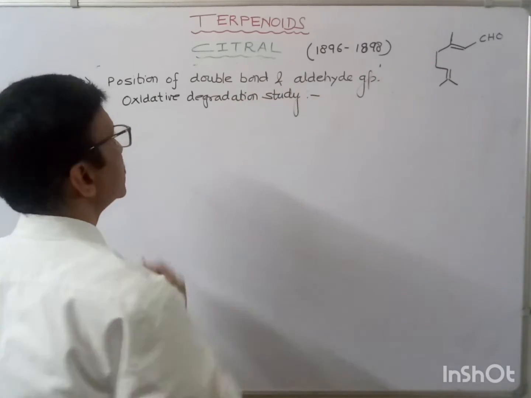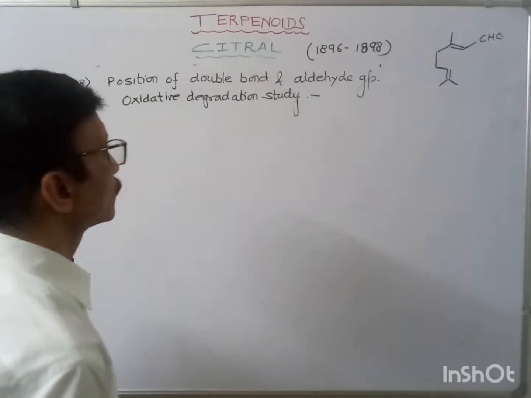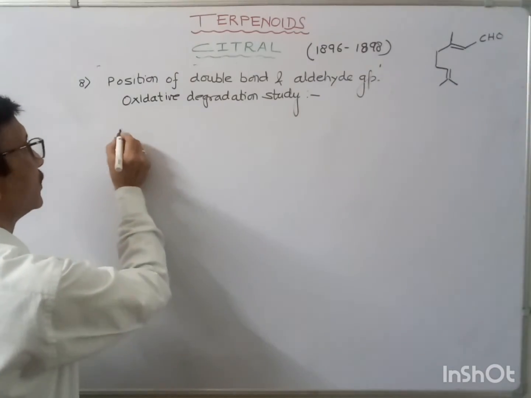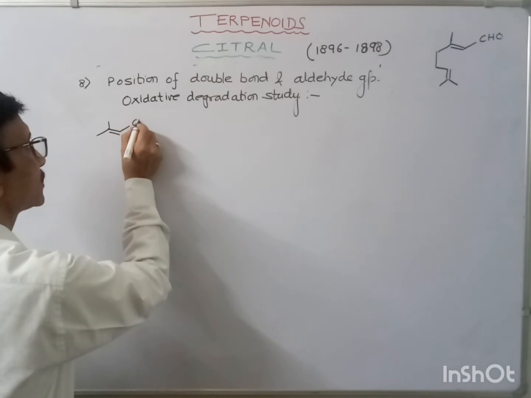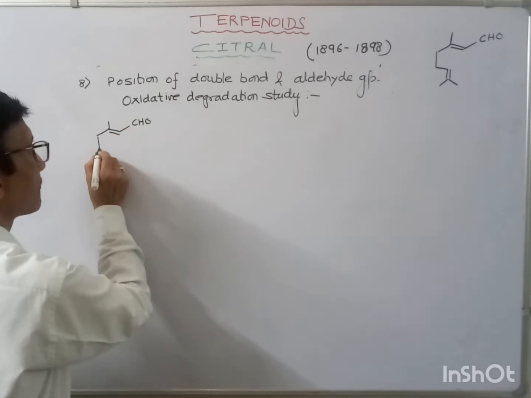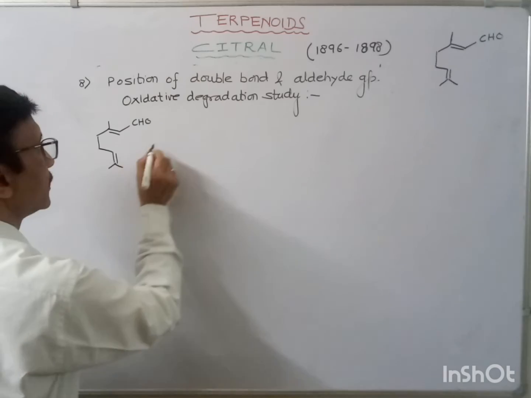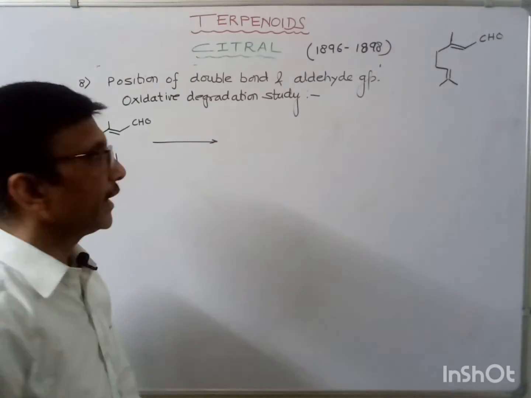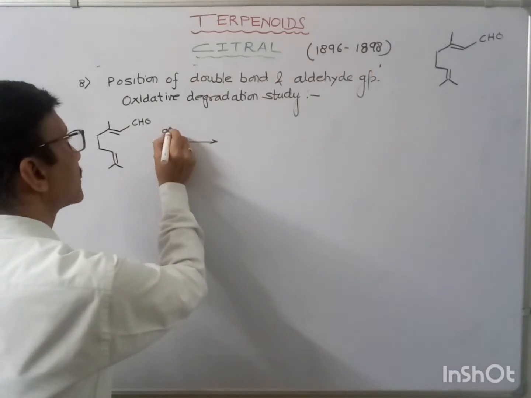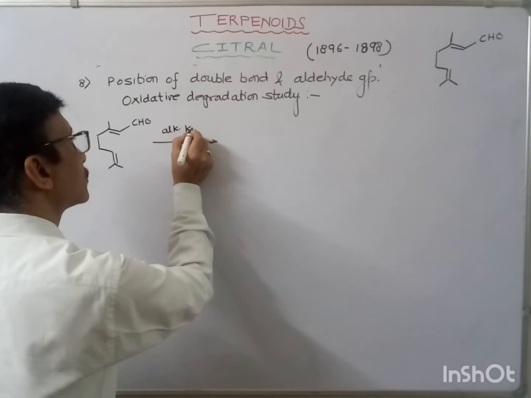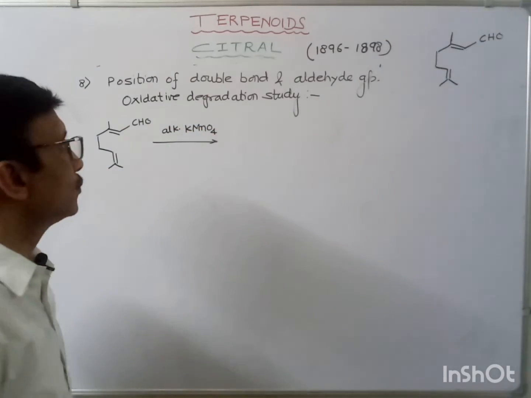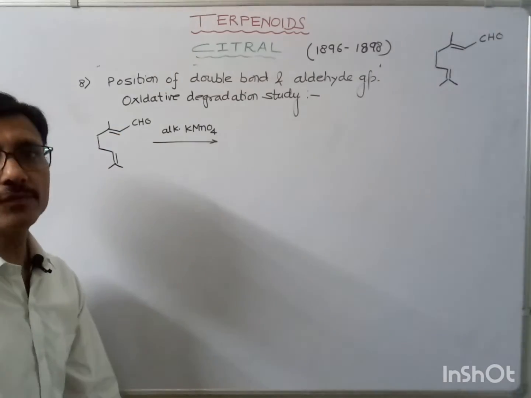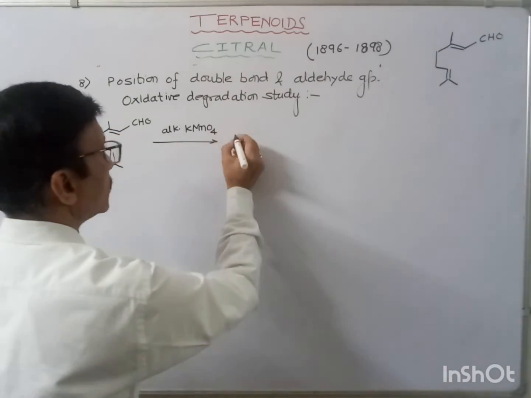So by this oxidative degradation study, first of all, if we have this citral structure, suppose I am drawing this citral structure, then first of all it was treated with alkaline KMnO4. When we treat it with alkaline KMnO4, then a diol will be formed across the double bond.